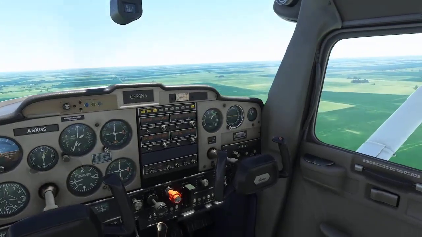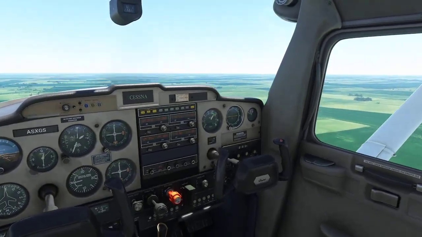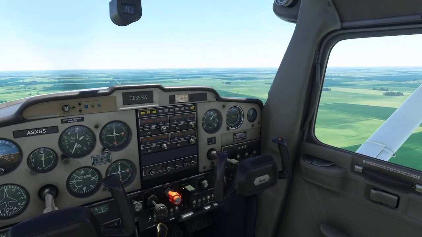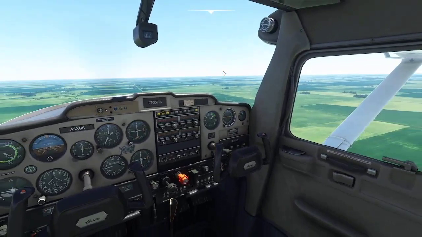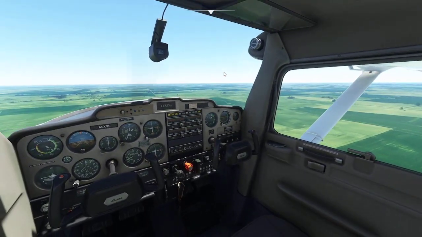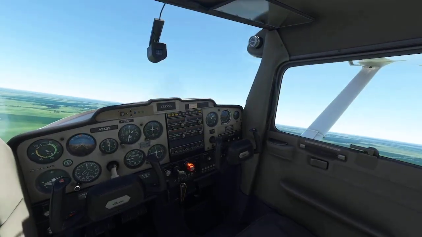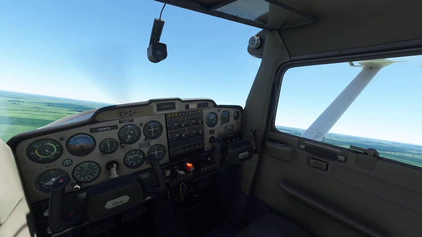Let's try it. So what I'm going to do is actually try to also back off the view so I can see more. So I'm going to go further back because it's a challenge. Trust me, it's really a challenge.